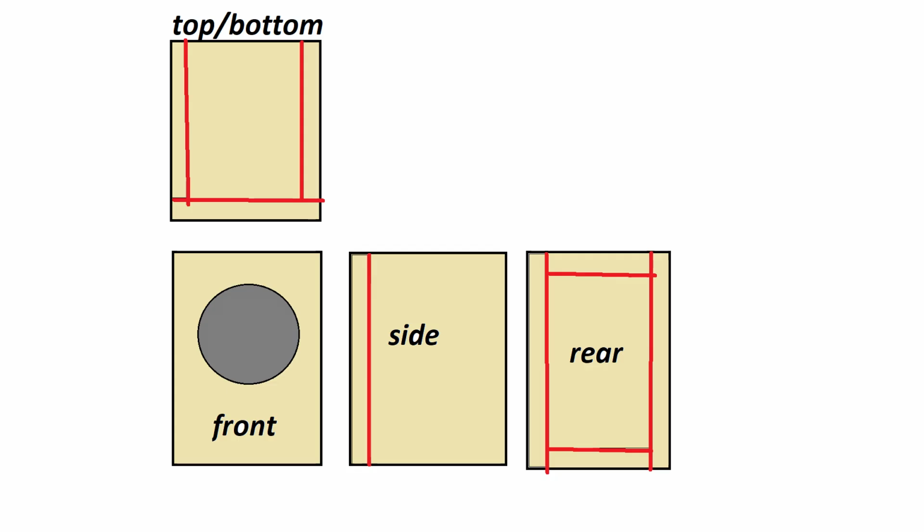About the speaker box plan, I recommend you use this topology for the parts of your speaker box. The front panel has the full height and the full width of your speaker box, and the top panel is like shown in this picture.